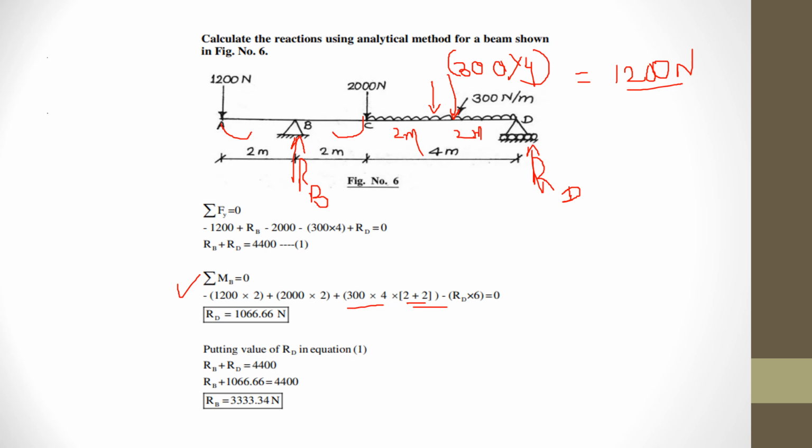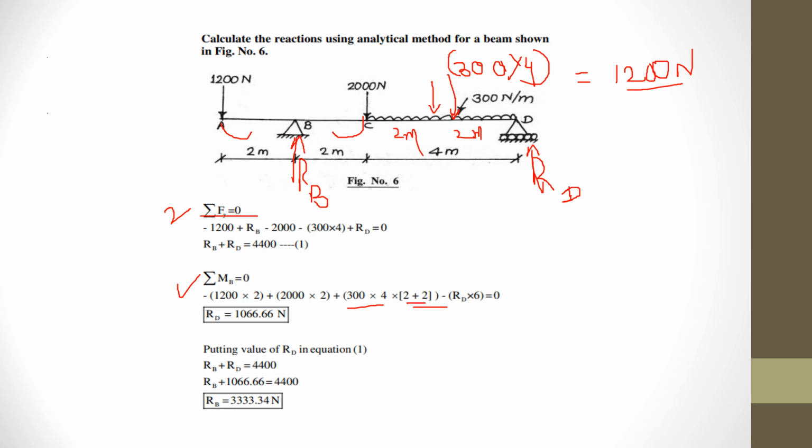Now we will take the condition summation Fy equals to 0. Now we got RD. So next, summation Fy equals to 0. So minus 1200 plus this RB minus this 2000 because it is downward, plus RD minus this 1200, that is 300 into 4.